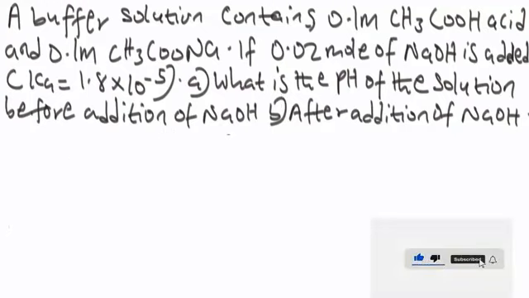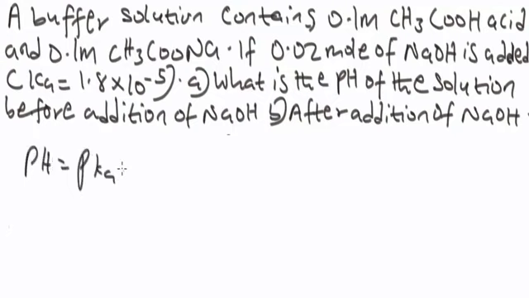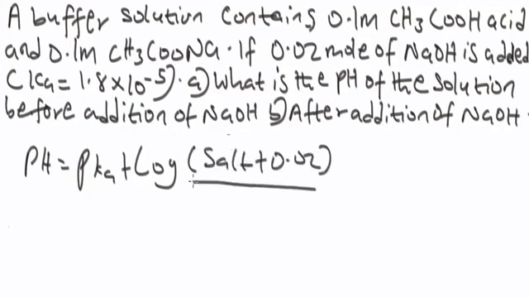So we're going to have pH equals pKa plus log of the concentration of the salt plus 0.02 over the concentration of the acid minus 0.02.